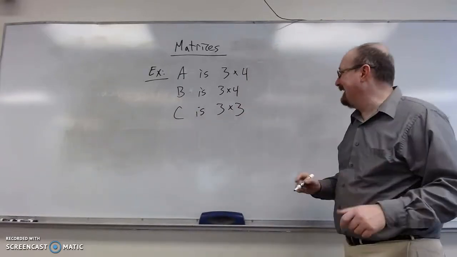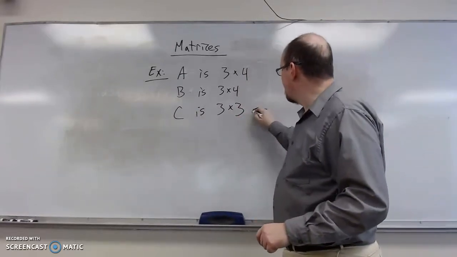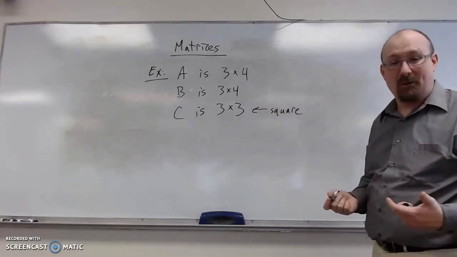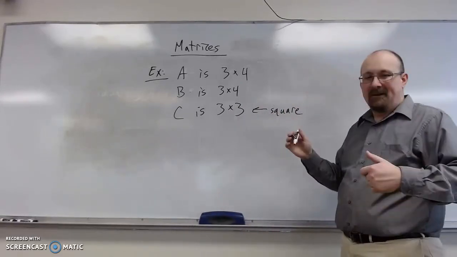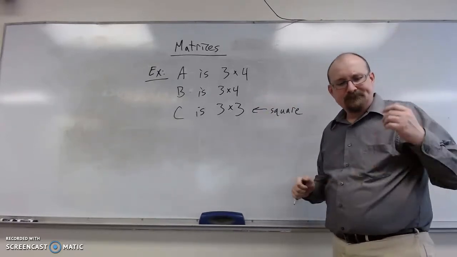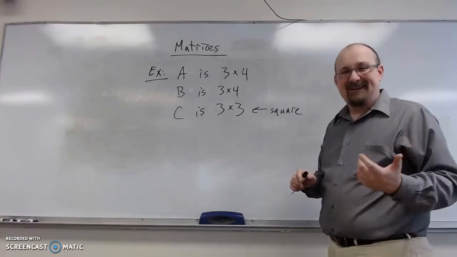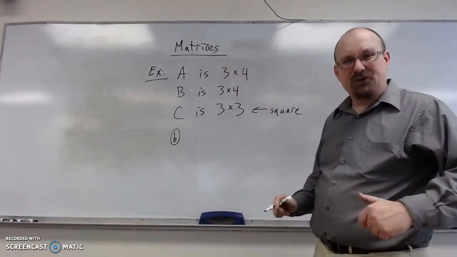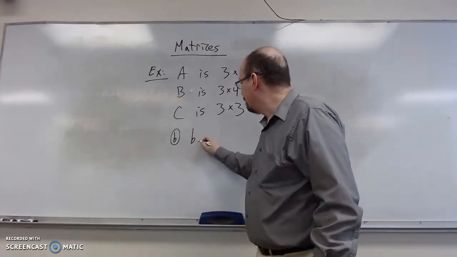So from what we've seen, this is the only one of the 3 we've been given that is actually a square matrix. A and B, like we described the first one, they're short and stout.